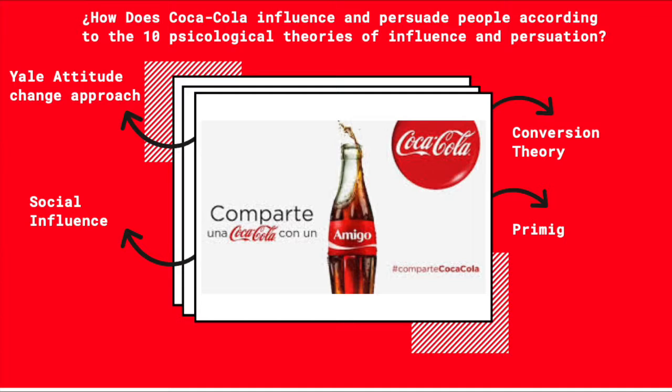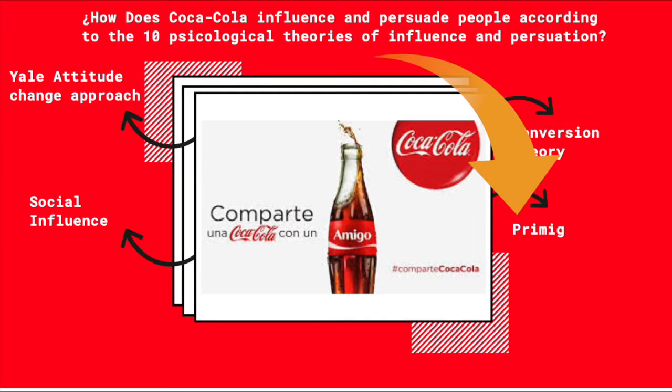And that's the principal statement of the conversion theory. Having the strength of the majority will help you to persuade others. That's the reason why we can define in this promotion that they are using the conversion theory.